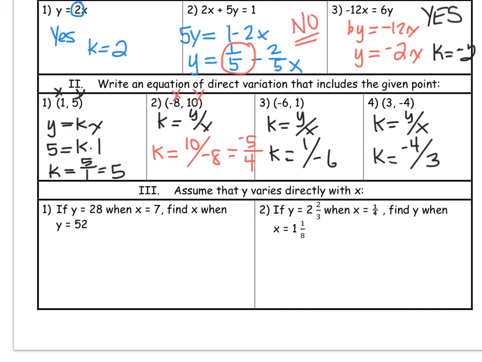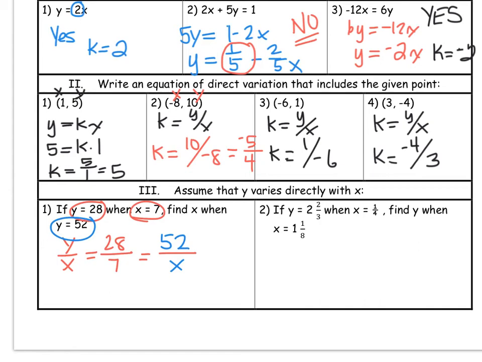Okay, last two questions. Assume that y varies directly with x. So up in the notes at the very top, I said that the variables x and y vary directly, or they're proportional. So this is just a simple proportion. So if I use my k equals y over x, I have my y value here is 28, my x value here is 7, and my y value here is 52, and I don't know what x is.